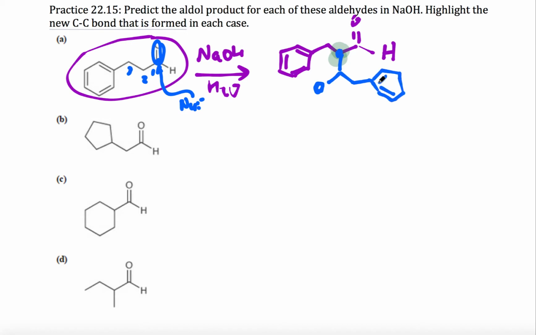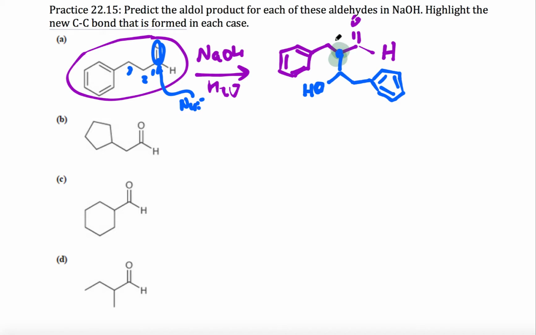And notice this is going to be negatively charged because the alpha carbon of 1 attacked the carbonyl, and then those pi electrons went up to this O. And then after water workup or dilute acid, we're going to have this be protonated. So here's something for you to think about.